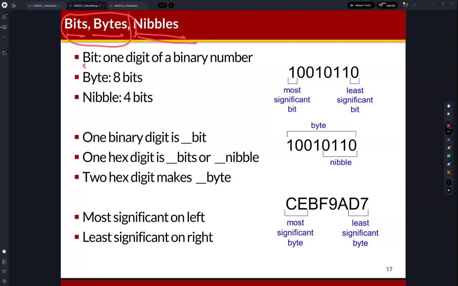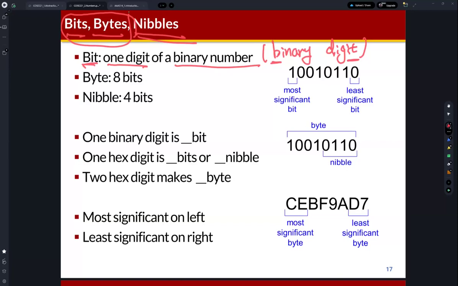So what is a bit? A bit is one digit of a binary number. It represents a binary digit, and that's why it is called a bit. So a bit means one digit of binary data.